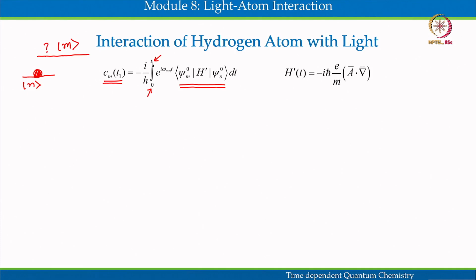As I have mentioned before, this perturbation part can be expressed in terms of this vector potential. The vector potential is coming in entirely from the fact that the light is propagating through the vacuum medium, and when it is propagating through the medium, it is associated with this vector potential, and this vector potential is now interacting with a hydrogen atom. This is the classical way of showing it: I have a nucleus at the center and an electron orbiting the nucleus, but this is a classical picture, the Bohr atomic model.